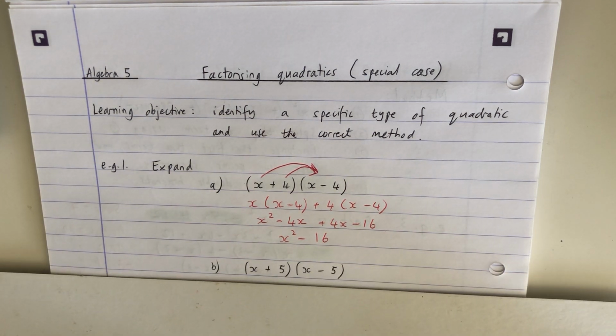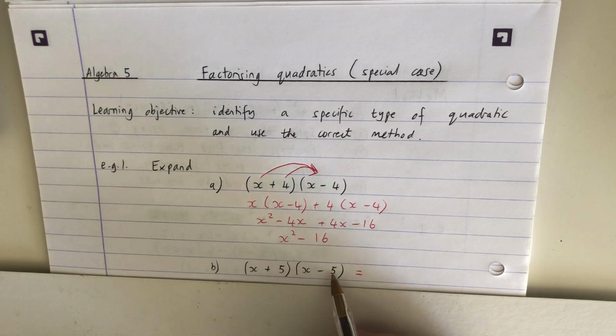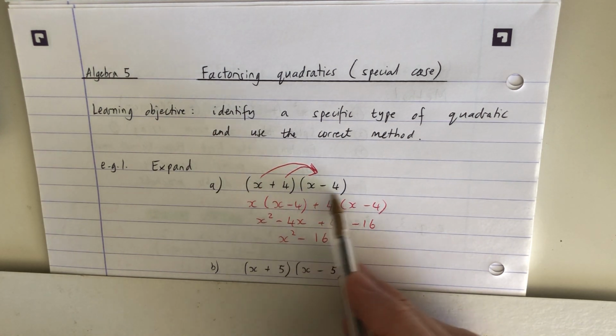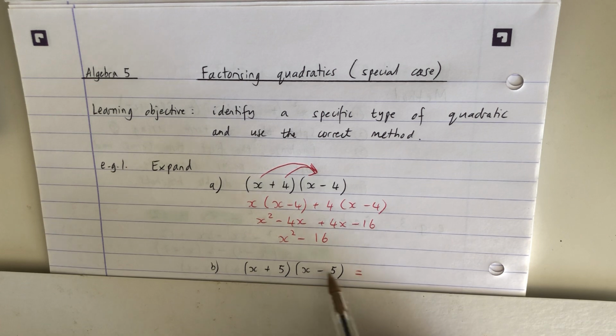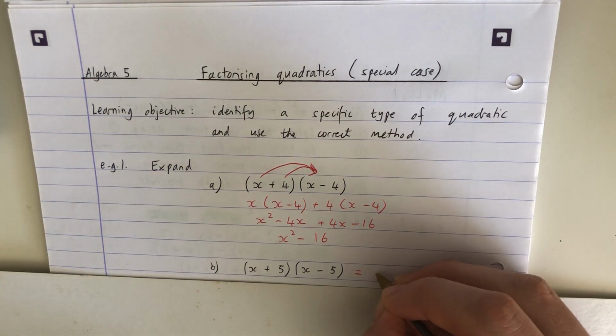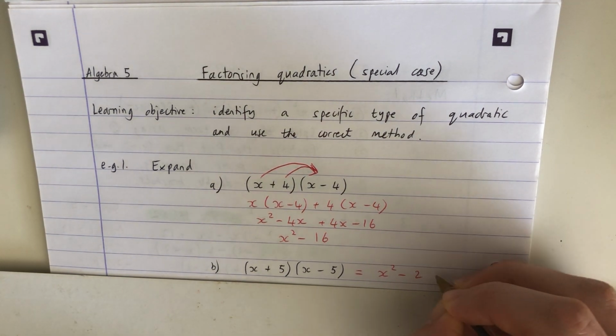Now, let's suppose I asked you to do the next one. If you actually did the same kind of workings, (x + 5)(x - 5), so very similar to the one above with just one number changing, that would actually expand to x squared minus 25.